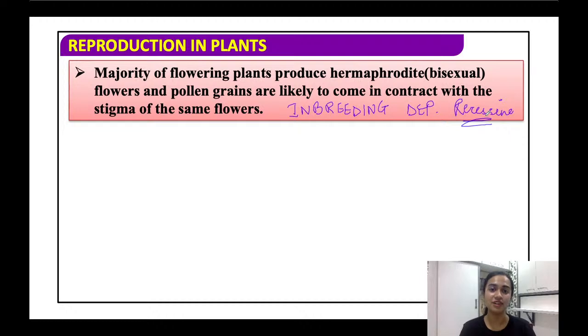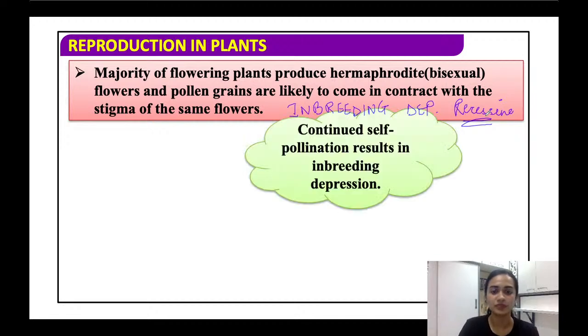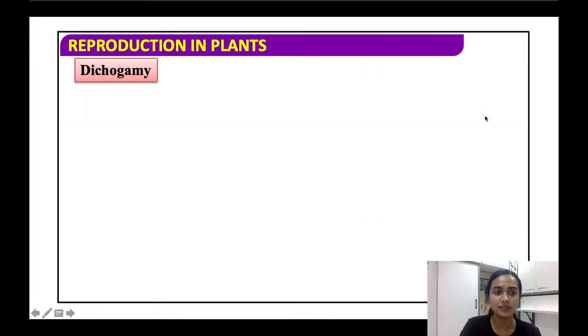They cannot develop or adapt themselves. The genetic content simply flows, and all the damage of the DNA gets transferred from generation after generation. That is why the flowers try to prevent autogamy. So continued self-pollination results in inbreeding depression.